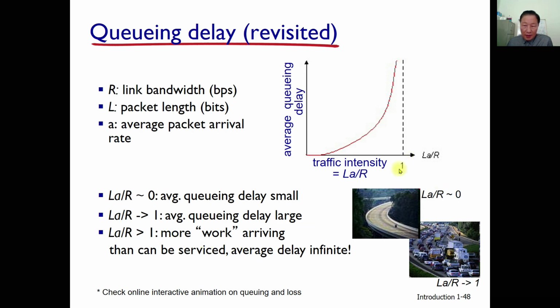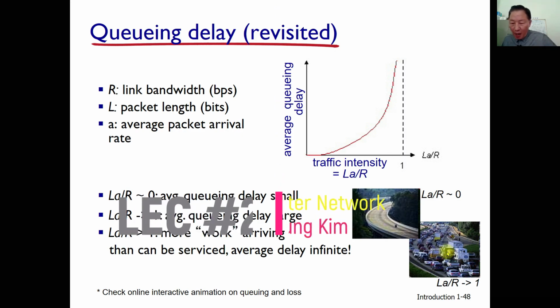And if the arriving cars are much more than the service speed, then the delay will be almost infinite. The traffic jam is so serious and it is almost parked there.